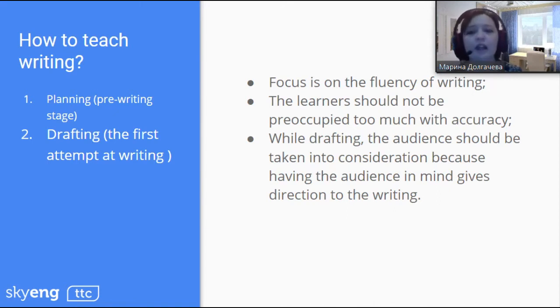It's not about accuracy at all. And while drafting, of course, a student should remember what kind of writing he or she has, and the target audience who is going to read it. And again, it's not about accuracy, it is about fluency.